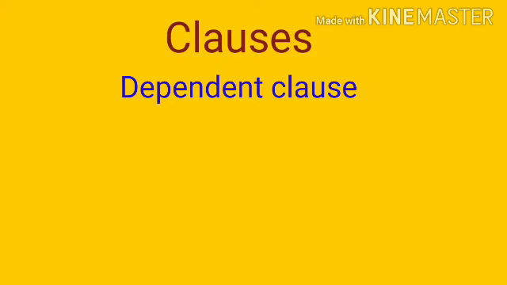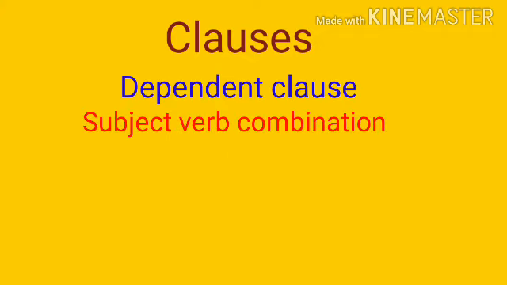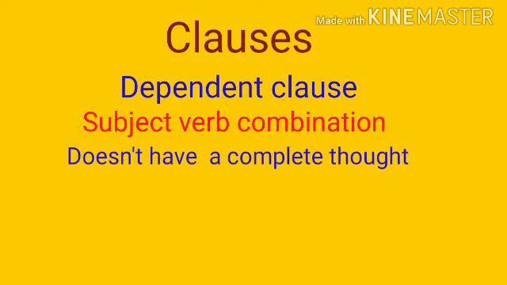Students, let's see what we mean by dependent clause. A dependent clause has a subject verb combination but it does not have a complete thought or idea. I repeat, it has a subject verb combination but it does not have a complete thought and is dependent on the independent or the main clause for a complete thought.